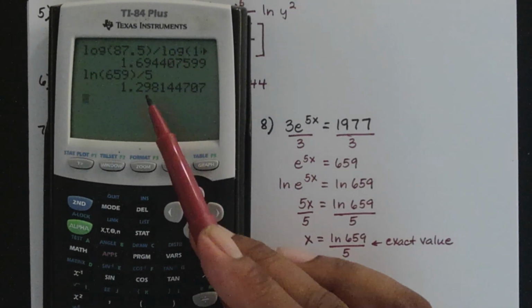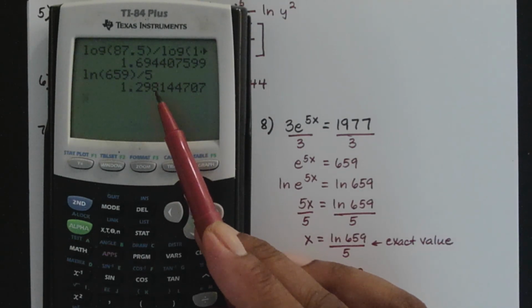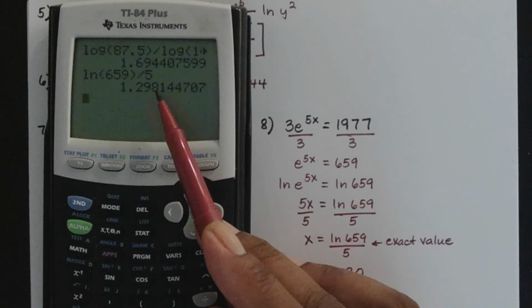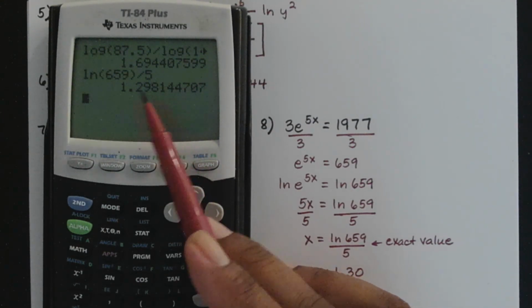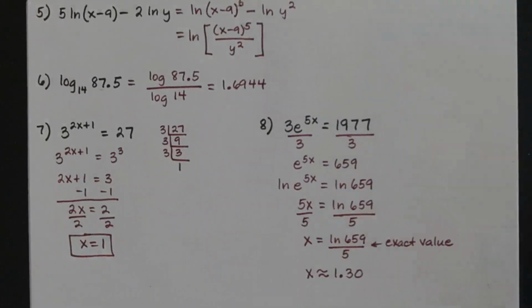Okay. Because the second digit after the decimal point is a 9. To the right of it is 8. And since it's bigger than 5, we increase 29 to 30. So x will be approximately 1.30. Okay. Are there any questions about problem number 8?